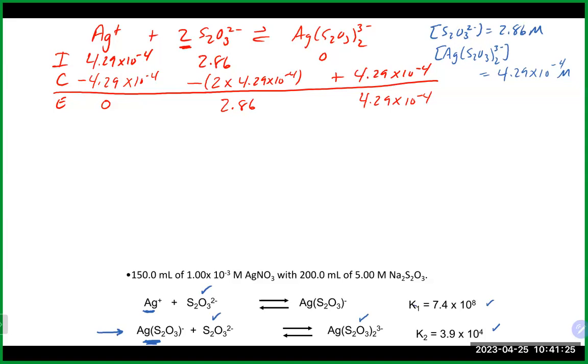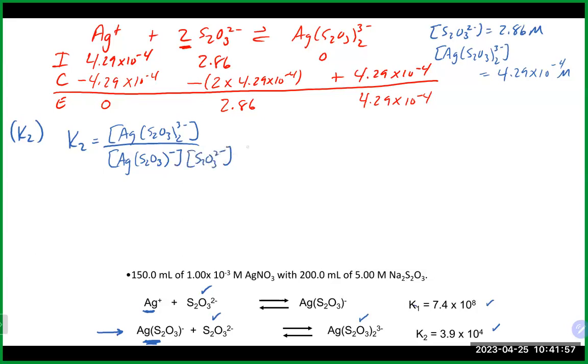So using the K2 reaction, not the overall reaction, our K2 would equal the concentration of our product here divided by our reactant, which would be this guy, times the S2O3 2 minus. And that would equal 3.9 times 10 to the 4th.